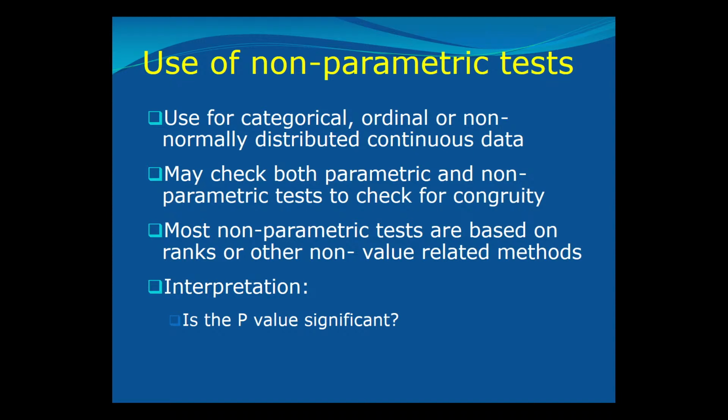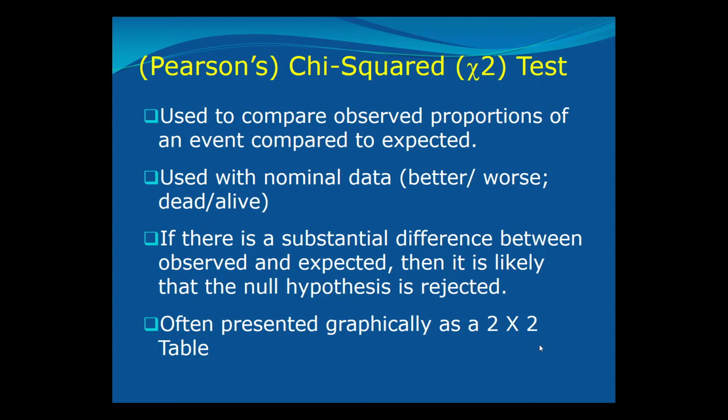Non-parametric tests are used for categorical, ordinal, or non-normally distributed continuous data. You may check both parametric and non-parametric tests to check for congruity. Most non-parametric tests are based on ranks or other non-value related methods. Pearson's chi-squared test is used to compare observed proportions of an event to expected, with nominal data.